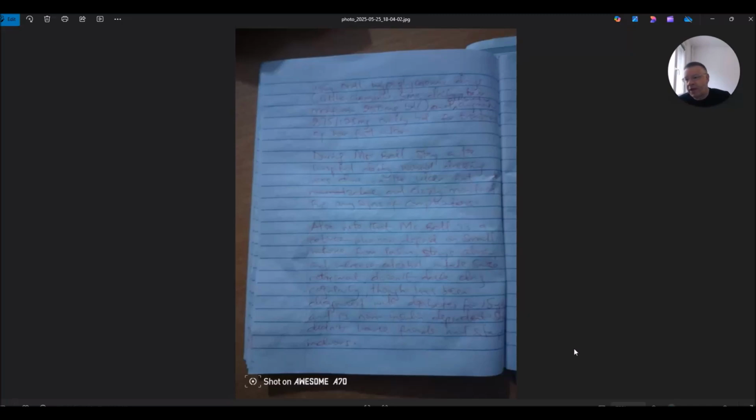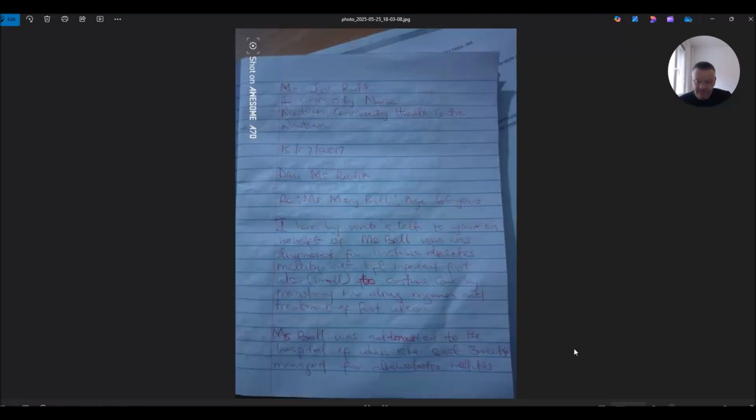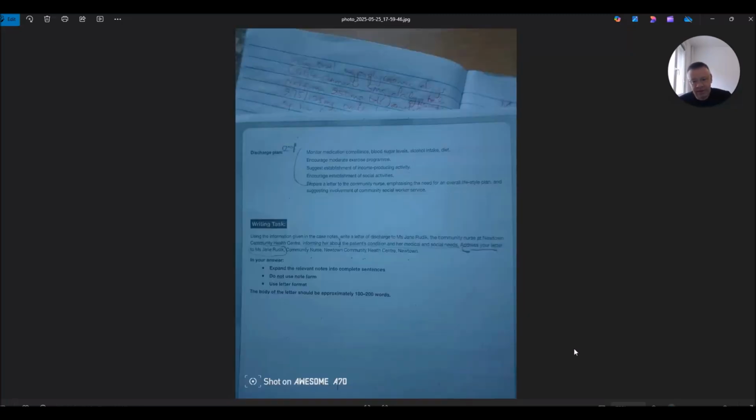Also, a note. Well, also note, it's not an also, is it? This is the main issue. You want me to know about her condition and her medical and social needs. So it's not also, it's not, you know, also kind of note this. This is the main issue.